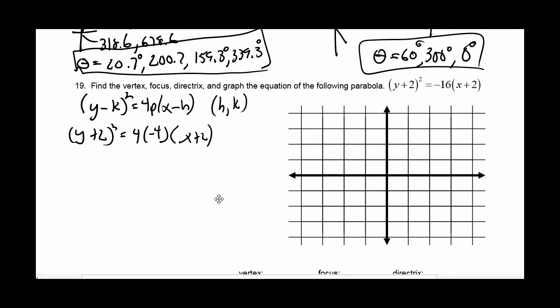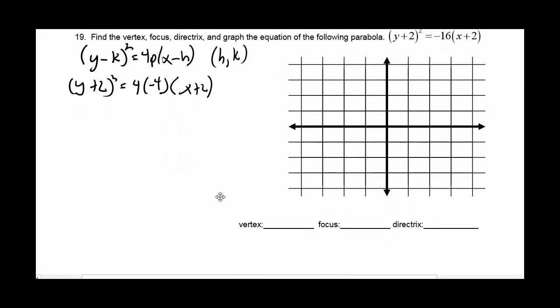So our vertex, let's scroll down here, our vertex would be -2, -2, based around both the y and the x. So -2 right there.